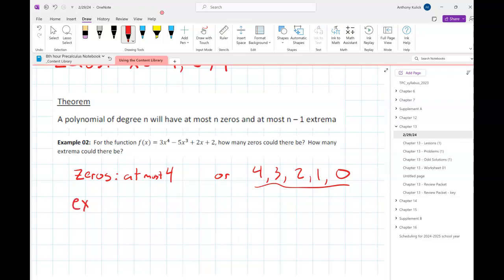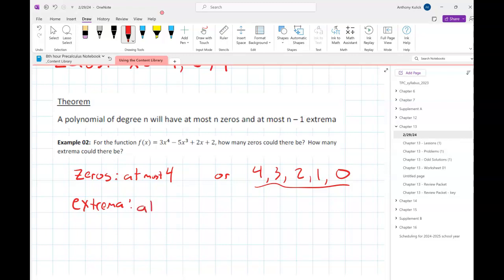How about extrema? How many extrema could this thing have? What should it start with? So 3 isn't quite right. What do you need to say?